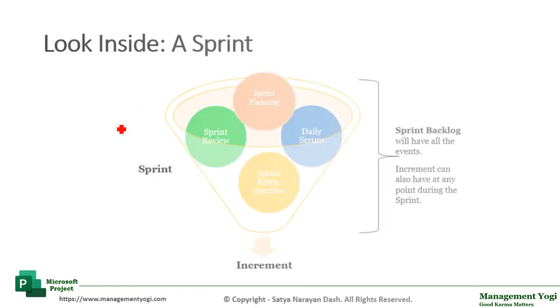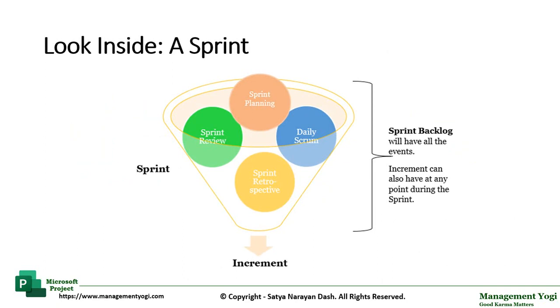Next, what is happening within the sprint? We already understood there will be number of features which will be broken down into tasks and they will be delivered at the end of the sprint or possibly also within a sprint. Along with that, we will have 4 key events or 4 ceremonies. The ceremonies are sprint planning, next is daily scrum, then you have sprint review, and the last event is sprint retrospective.